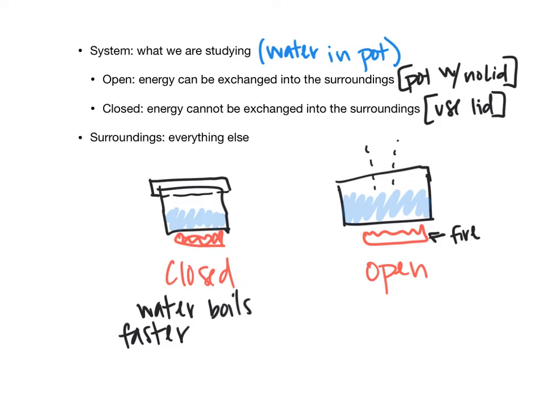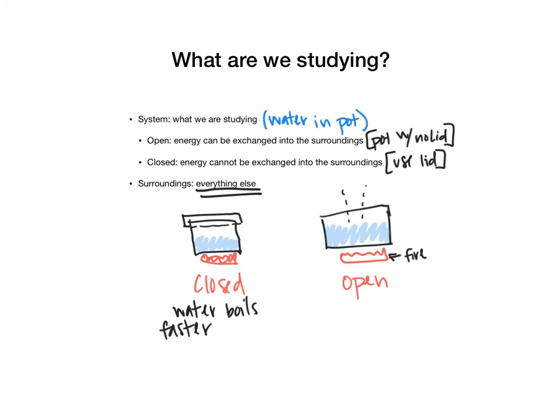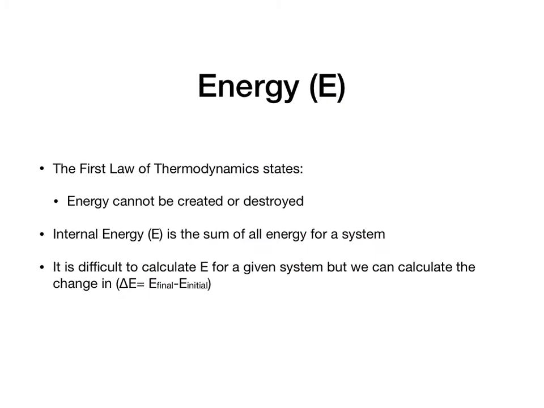And so if our system is the water in the pot, the surroundings is everything else. In this case, the fire is part of our surroundings, and the heat is going to be exchanged between the system and the surroundings, or any of the energy. So energy is what we're going to start talking about.